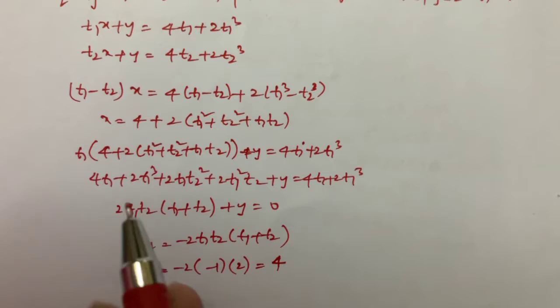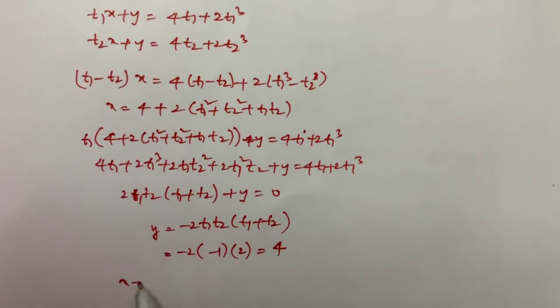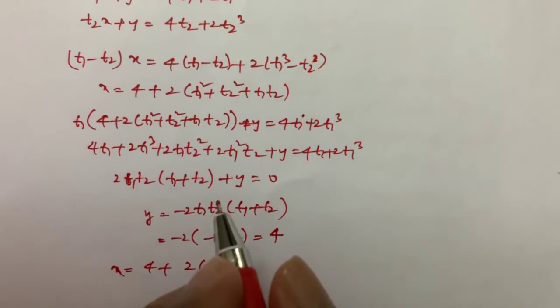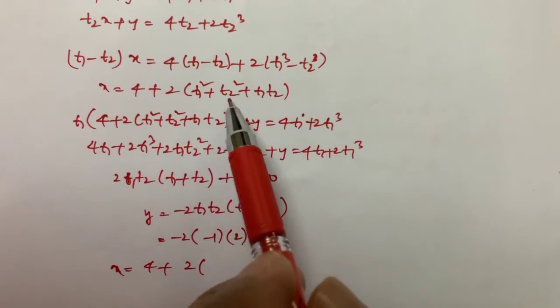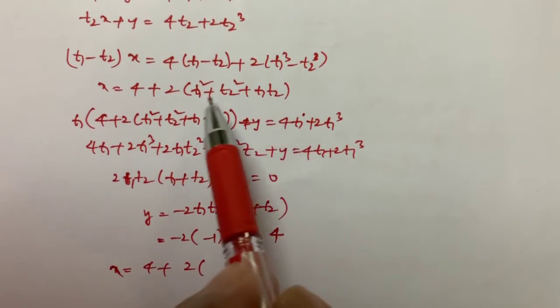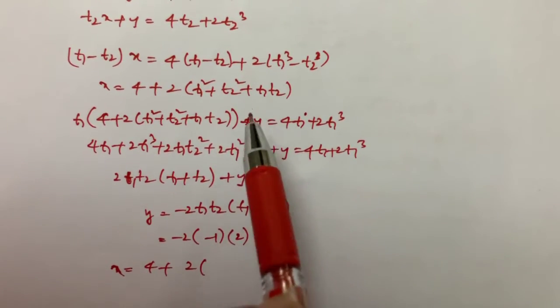So the x coordinate we can also calculate. So x is equal to 4 plus 2 into (t1 square plus t2 square). This whole thing we can write as (t1 plus t2) whole square minus t1 t2 again.